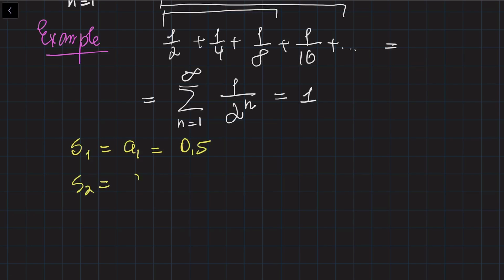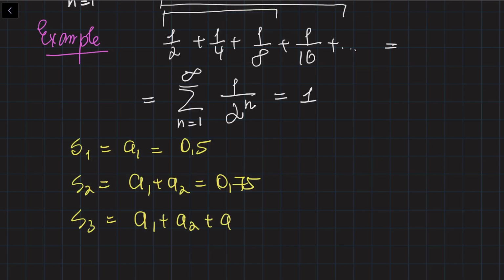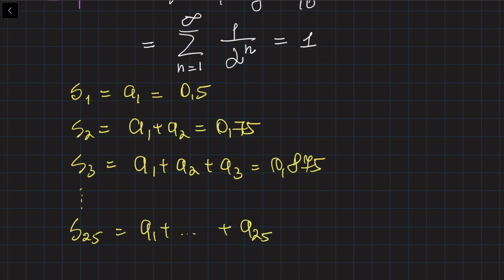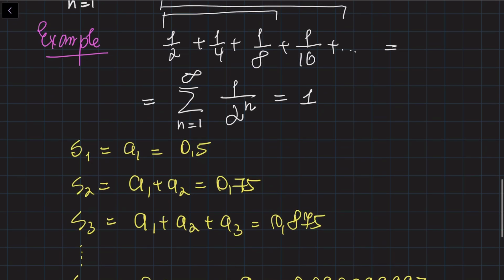S2 is the partial sum until 2, A1 plus A2, which is 0.75. S3, the partial sum of the first 3 terms of the series, is 0.875. Going until, for example, the 25th term, the sum of A1 plus A2 until A25 is 0.999999997, which is really close to 1.